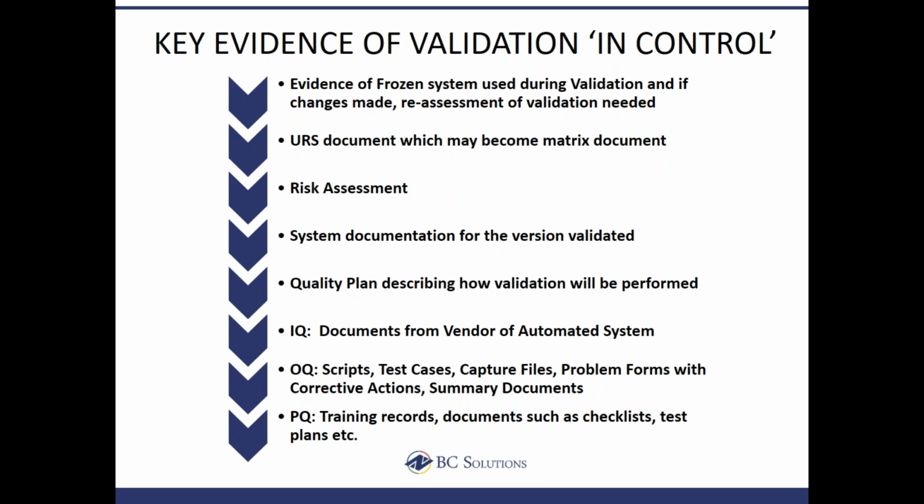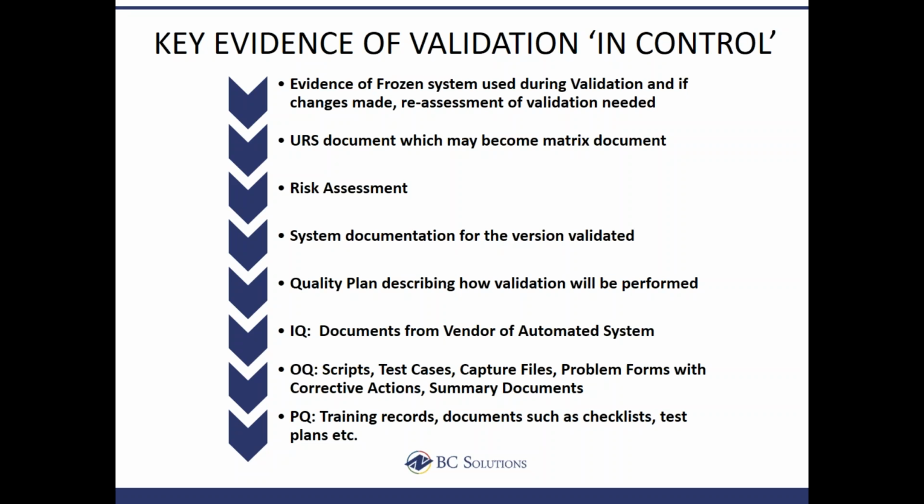You need system documentation for the version you validated, so you must get that documentation and keep that as a record of how your system should have performed. You need a quality plan. I've never been to a facility that doesn't need some sort of a quality plan that describes how your validation will be performed. For IQ, you need documents from the vendor of the hardware and software that you're using to prove that the way you installed it met your manufacturer's documents for configuration, etc.